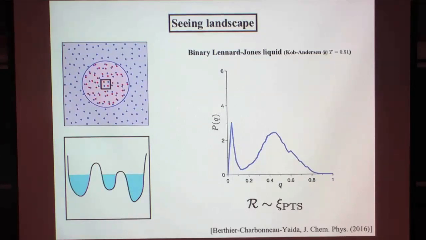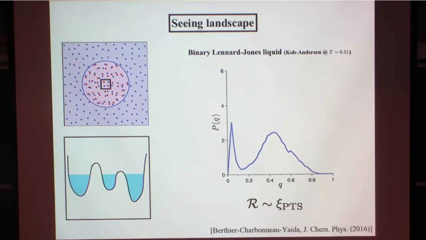If you end up in a different state, you look very dissimilar to each other, so the overlap is 0. And if you're in the same state, the overlap is 1 or close to that. That's why you get this. And this bimodal signature becomes more evident as you go to lower temperature. Okay. Any other questions?